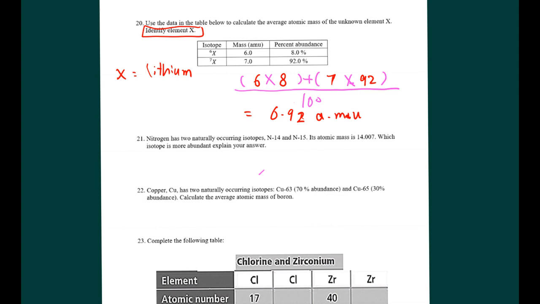Nitrogen has two naturally occurring isotopes, N14 and N15. They have these atomic mass. Which isotope is more abundant? If you look at this number, this value is very close to N14 than N15.